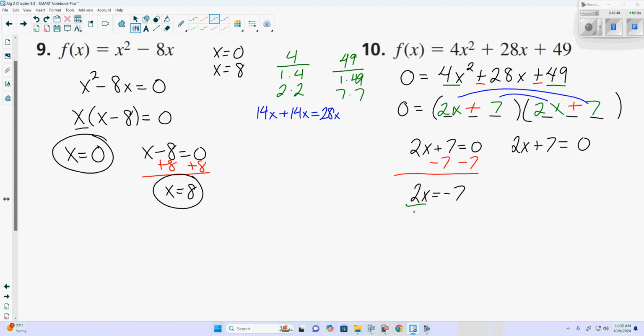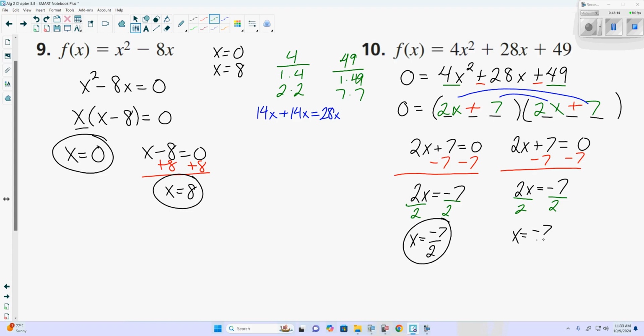And then divide both sides by 2, telling us x is equal to negative 7 halves. And the other one would be the same because we can subtract 7, telling us 2x is equal to negative 7. Divide both sides by 2, so x is equal to negative 7 halves.